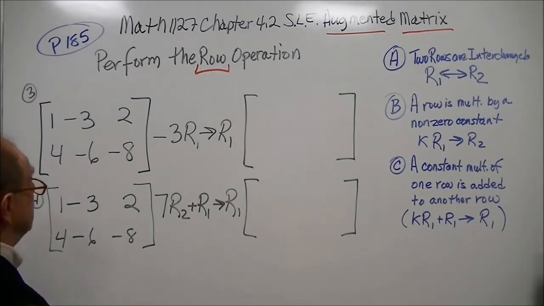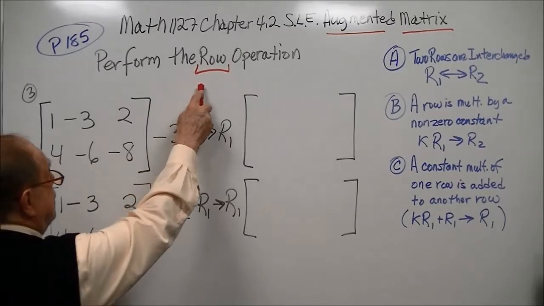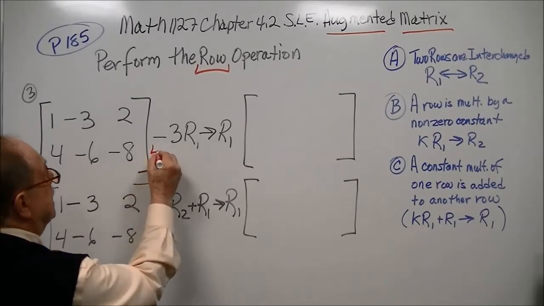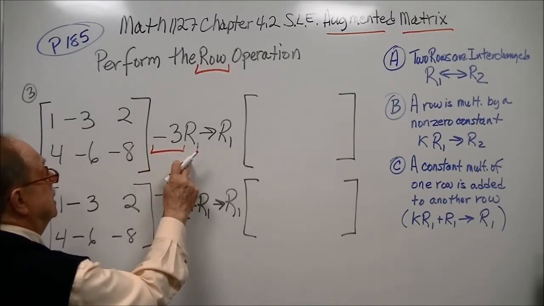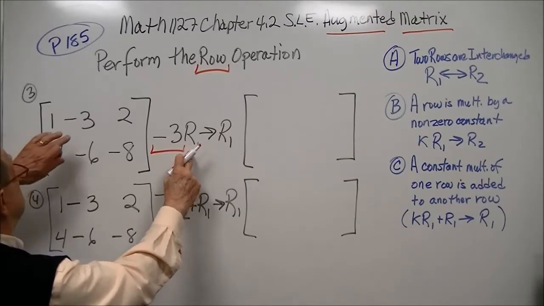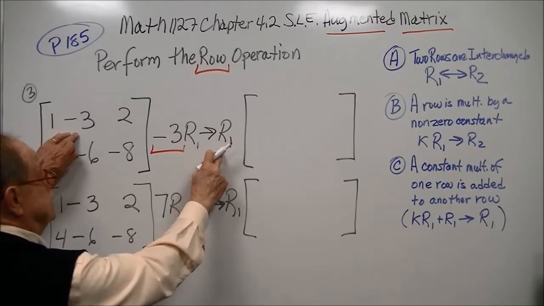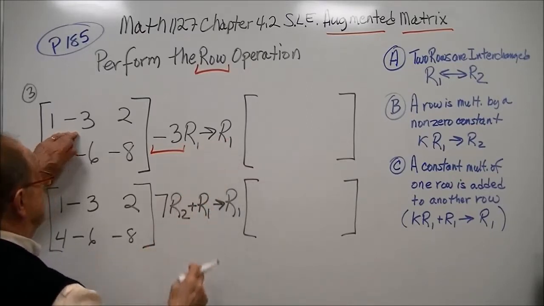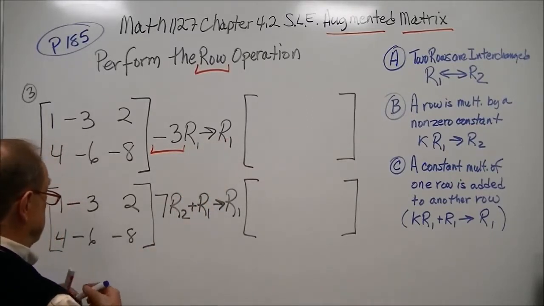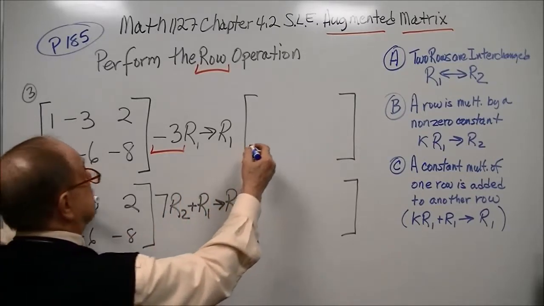In example 3, again, we're continuing with row operations. Here we want to take the constant, a -3, multiply it by row 1, and replace it as row 1. So we'll notice that row 2 doesn't change at all, so we can just write that here.